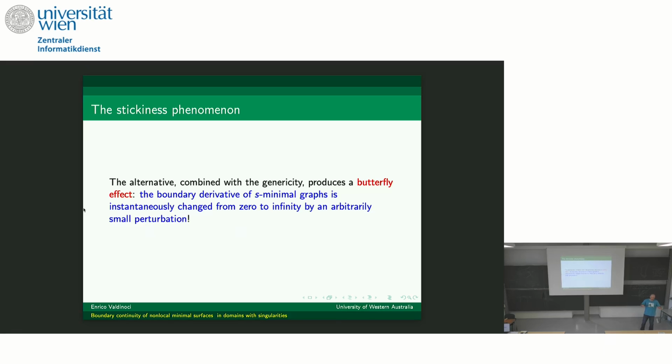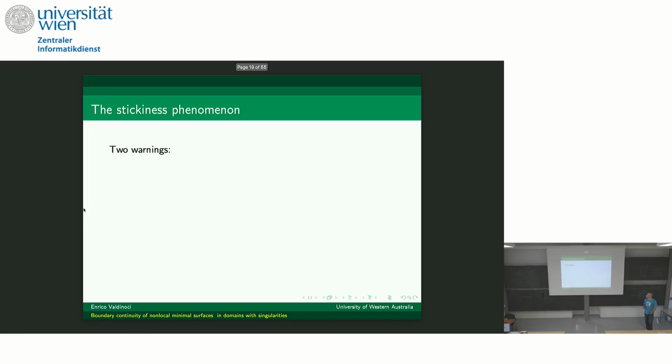And let me normalize this configuration so that the derivative is, say, 0, just because I put a horizontal slope, say, at the origin. But then I know that an arbitrarily small perturbation will produce stickiness. So not only do I have a discontinuity, but I can also prove that the derivative at this discontinuity is infinite. So however you want to pose the situation, you have a butterfly effect for the derivative, which switches instantaneously and generically from 0 to infinity.